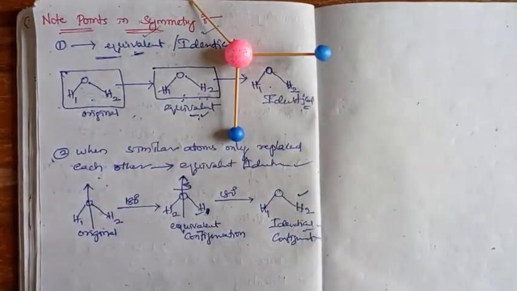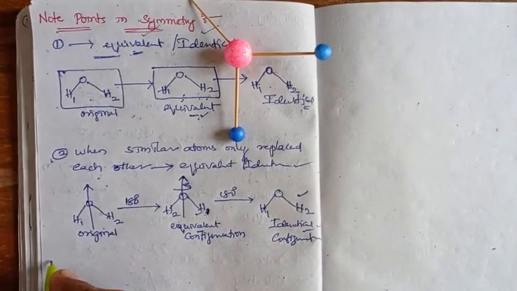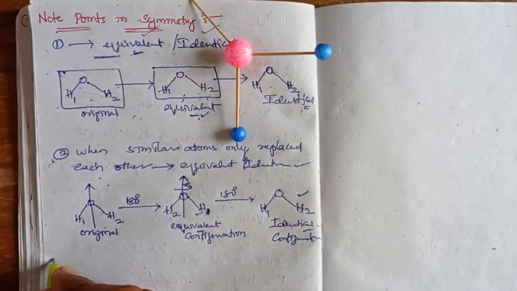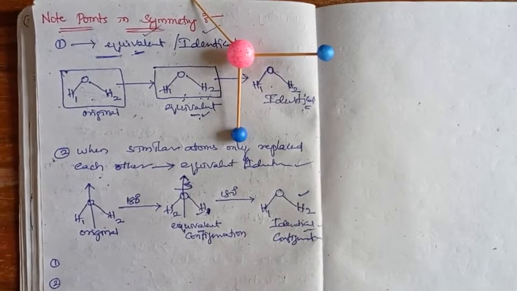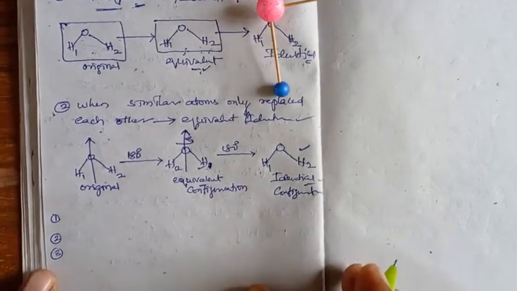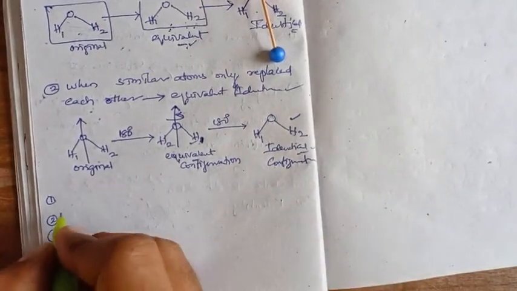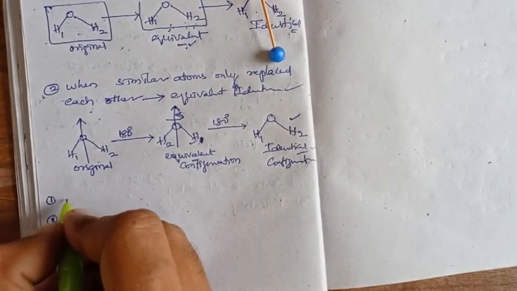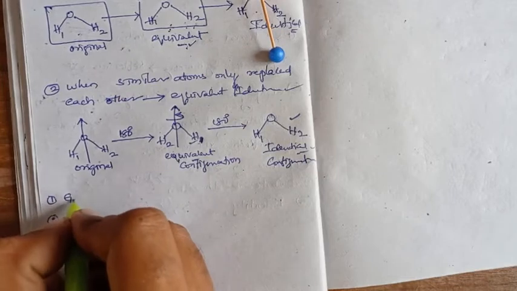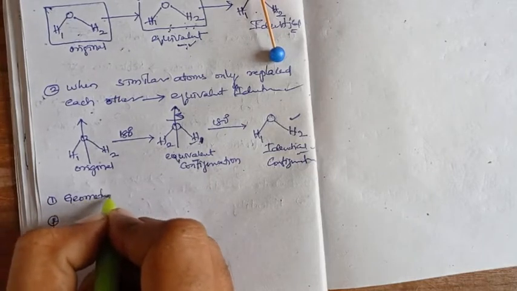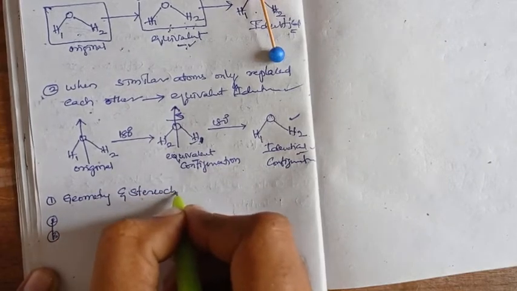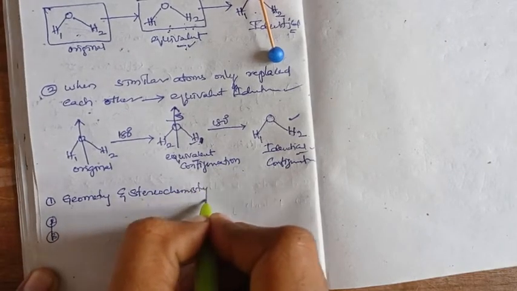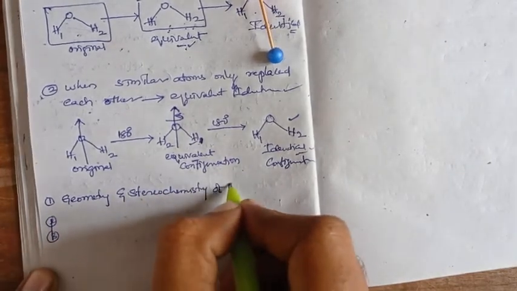Not only this, in the first lecture on symmetry I expressed three rules. What are the three rules? The first rule is that the molecular geometry and stereochemistry of the molecule should be known.